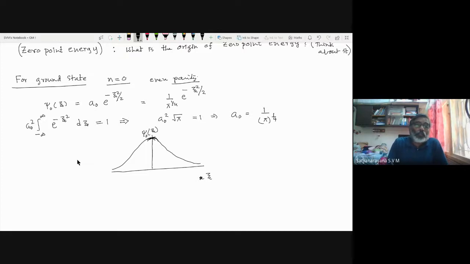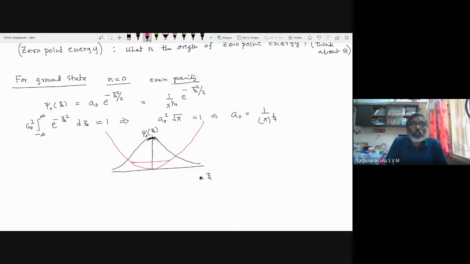And if you remember, the potential is something like this. So the probability that the particle is at the center, or the minimum of the potential, is high. And notice that if you give this much energy, suppose let's say this is the energy of the ground state.